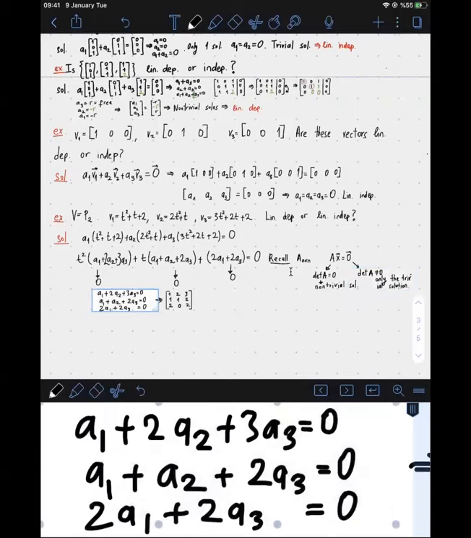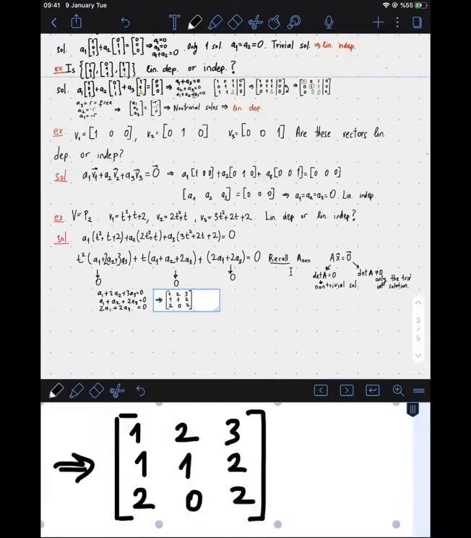So in this case, we can just look at the determinant of this matrix instead of doing stuff with row echelon form. We can just look at the determinant because this is a 3 by 3 system. Okay, so what is the determinant of this guy? So let's look at the determinant. So this represents determinant.